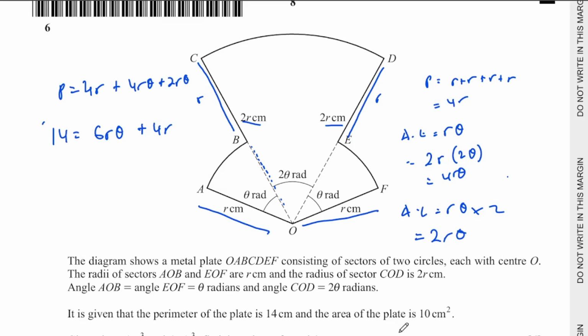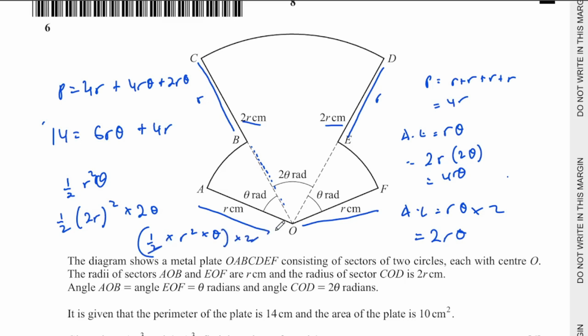Okay. Then when you're looking at the area, obviously you just find the area of the larger sector and the area of the 2 smaller sectors. So for area, half r squared theta. So for the larger one, half times 2r squared times 2 theta, and for the smaller ones it is half times r squared times theta and then times 2, because there are 2 of them.